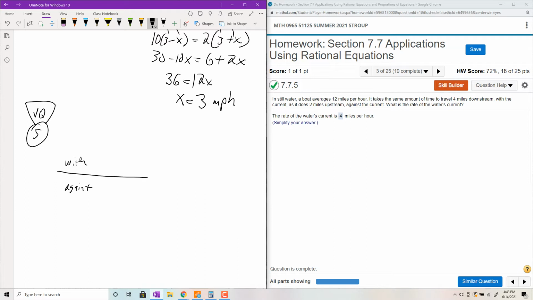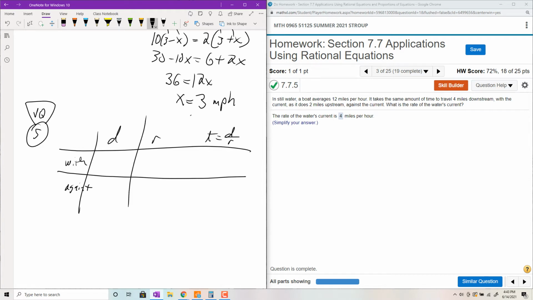when I'm going back upstream. And then you have your D, your R, and your T, which is equal to D over R. The distance you're traveling with the current, it says 4 miles downstream, so 4. The distance traveled against the current, 2 miles.